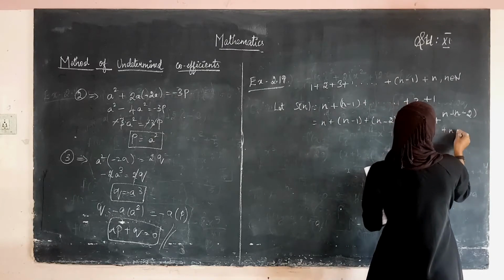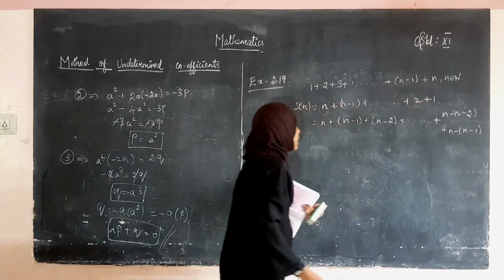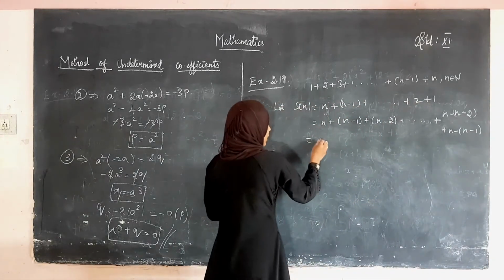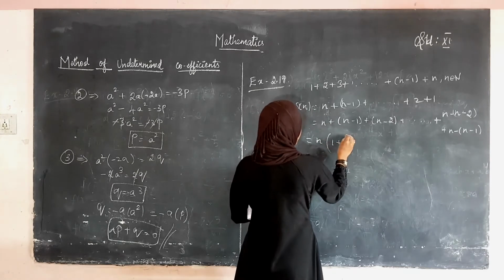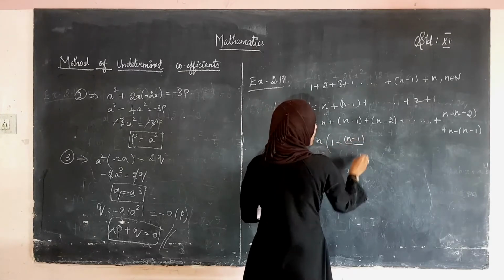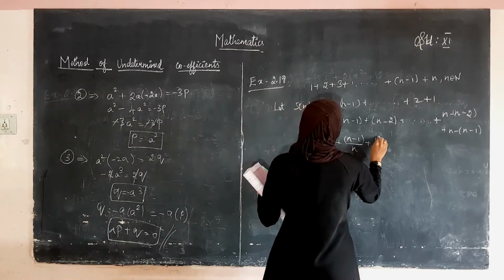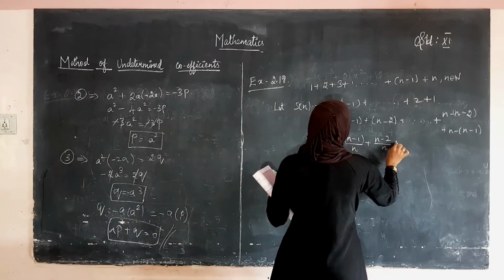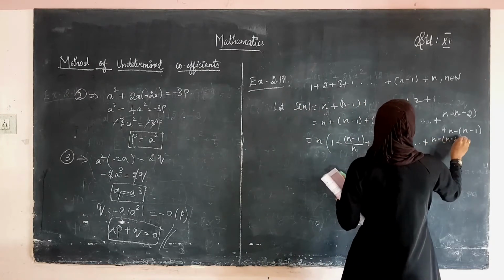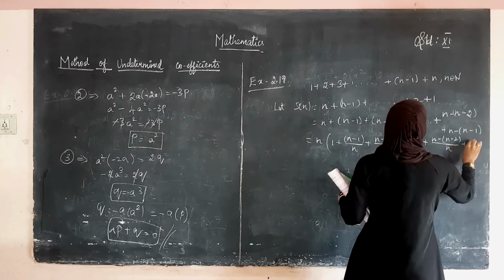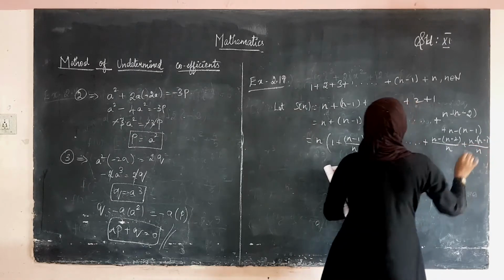Similarly, 1 becomes n minus 1. Okay, now take the n outside. If we take n outside, it becomes 1 plus, it must be divided by n. n plus n minus 2 divided by n up to etc. up to n minus 2 divided by n plus n minus 1 divided by n.